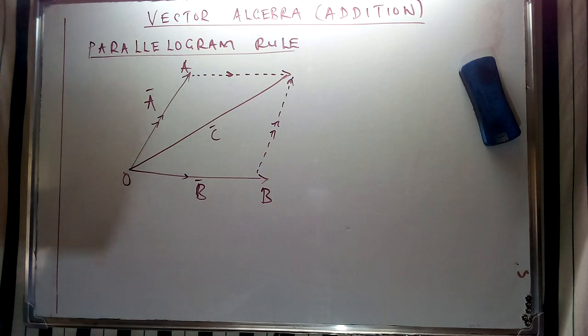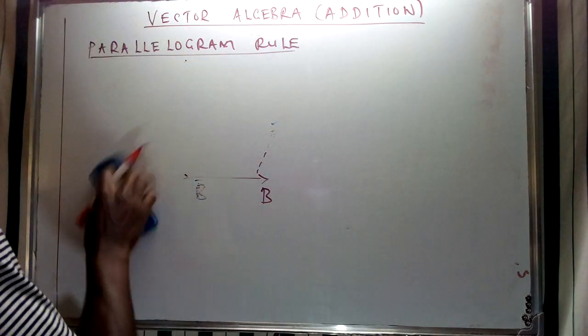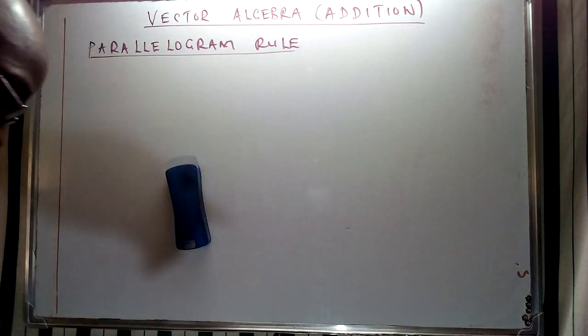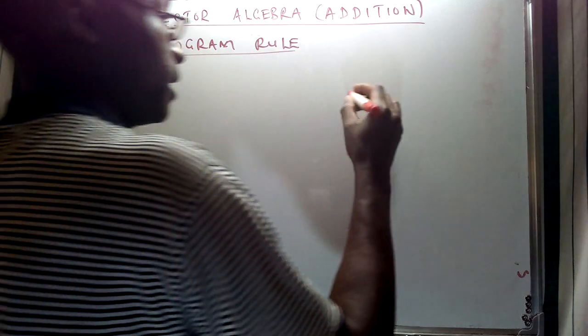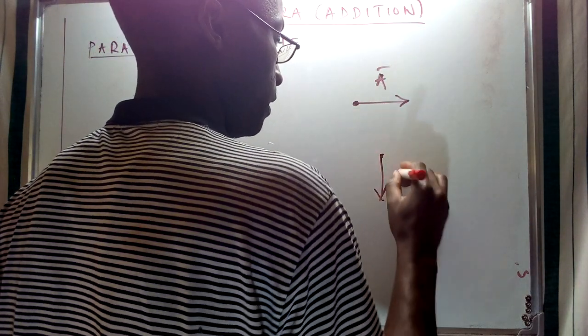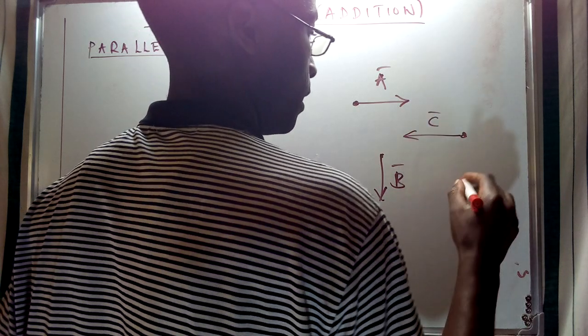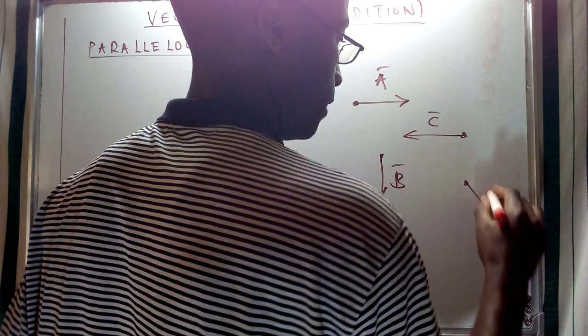So suppose we consider another case whereby we have a number of vectors which perhaps cannot be represented using this parallelogram rule, and we say that we have vector A given as that, vector B given as that, vector C given as that, and perhaps vector D given as that.